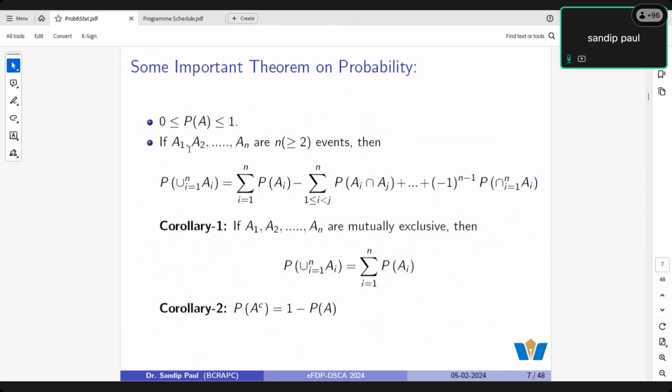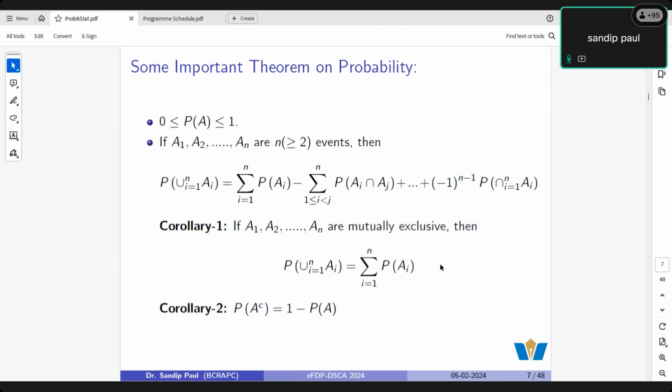Next, for any number of events A1 to AN, the probability of the union of Ai, that is the probability of occurrence of either A1 or A2 or AN, can be written as the sum of the probabilities of the individual events Ai, minus the summation over the probabilities of the intersections of events taken two at a time, then alternately plus and minus, and ultimately the probability of the simultaneous occurrence of all events. So from this theorem, from this result, we can write something.